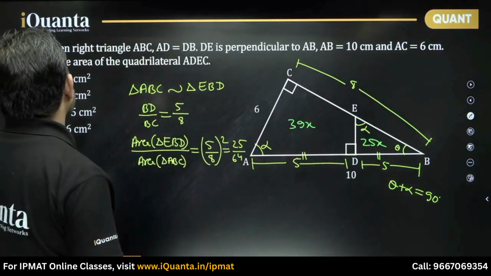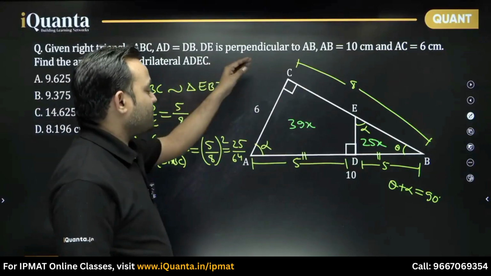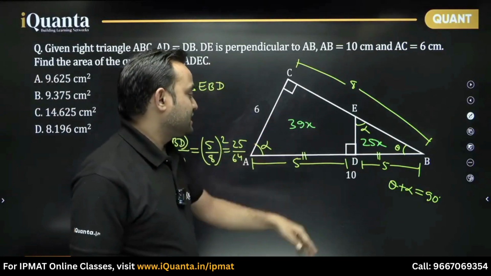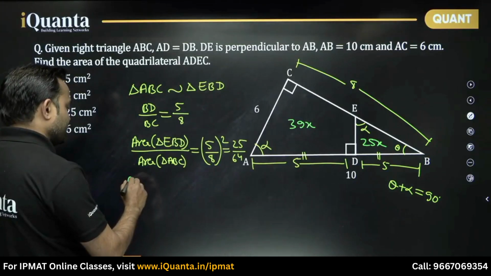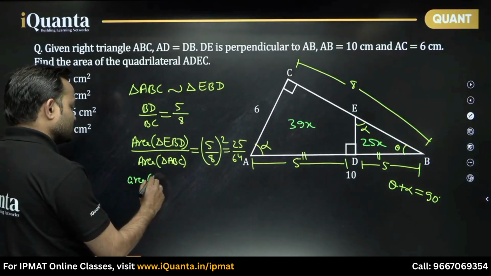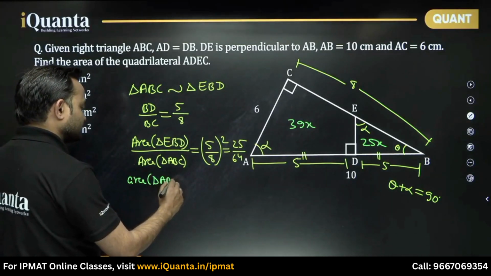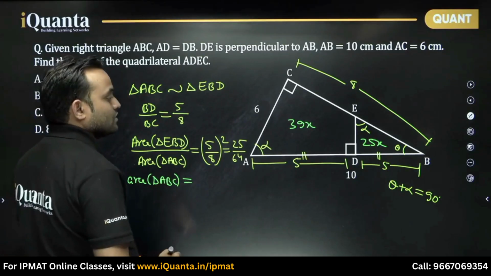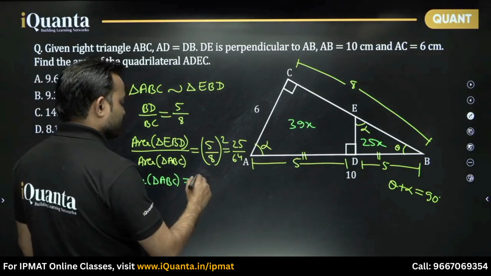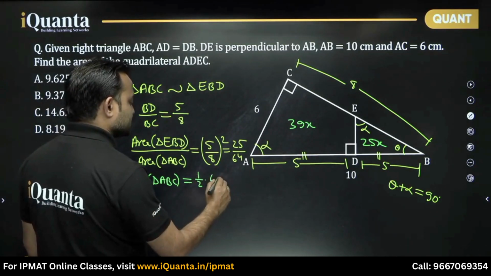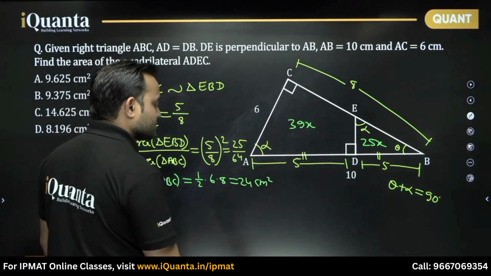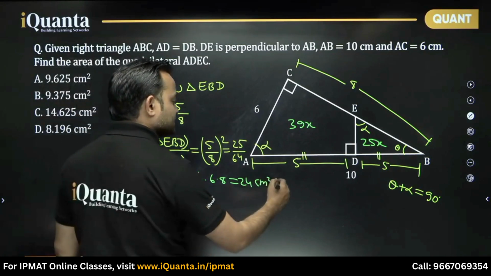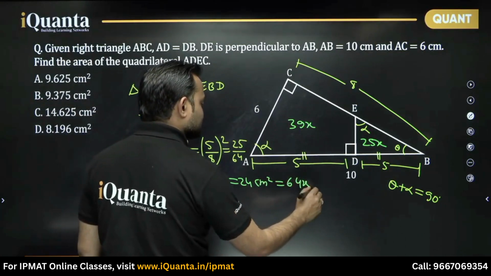So what will be the area of triangle ABC? Can we say area of triangle ABC is nothing but half into 6 into 8, which is equal to 24 centimeter square, and this is nothing but 64x.